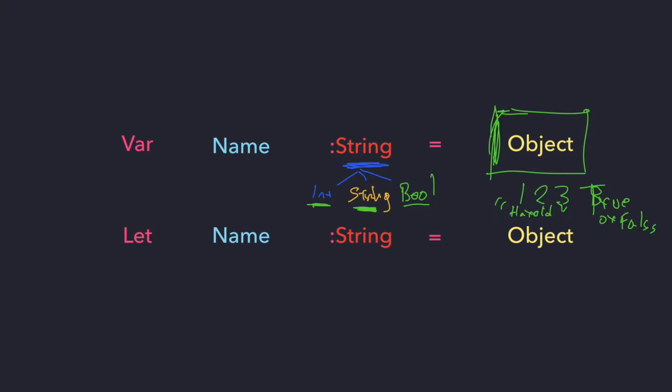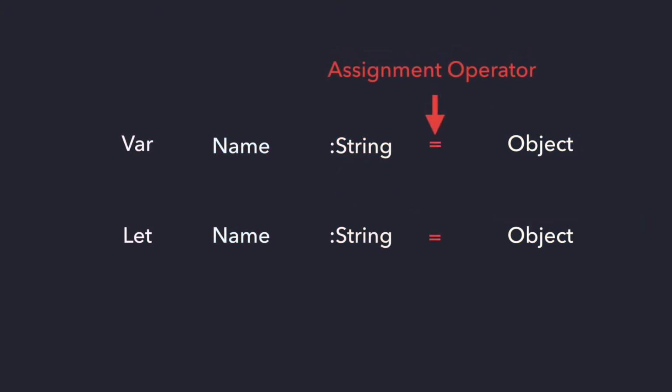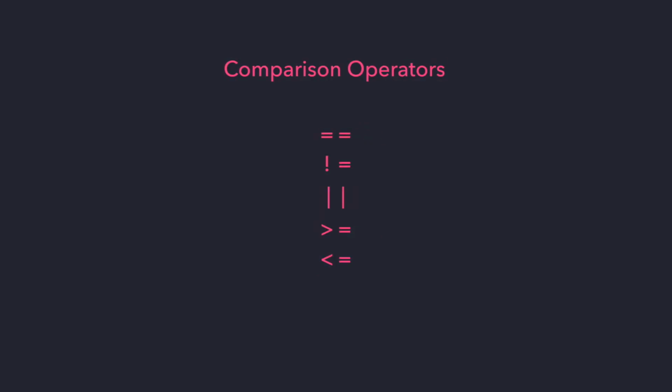Okay, now with that out of the way, assignment operators. I know in the very first video I had mentioned very briefly that we have assignment operators, the equal sign. There are more than just the equal sign for assignment operators that you could probably imagine. There are also comparison operators. Comparison operators are, of course, comparing two values to each other in order for you to do something else.